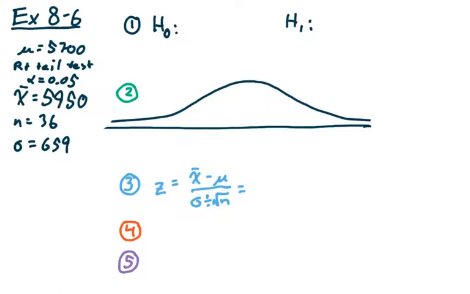She selects a random sample of 36 four-year public colleges and finds the mean to be $5,950. The population standard deviation is assumed to be $659. So here the question is, is there evidence to support the claim at alpha equals 0.05?